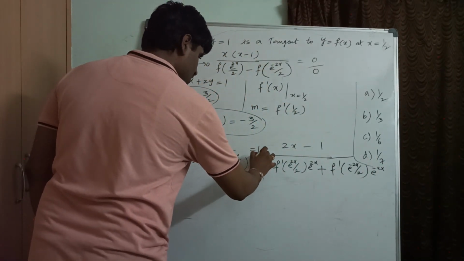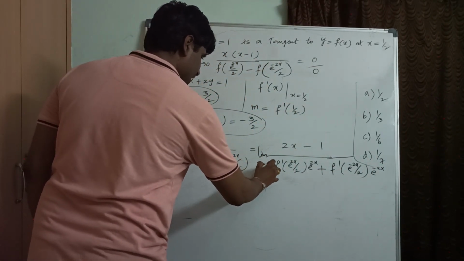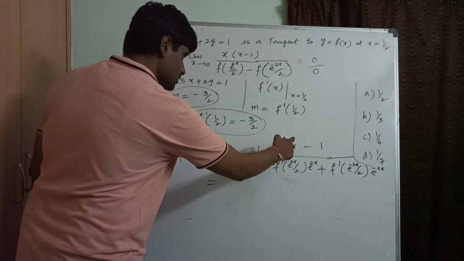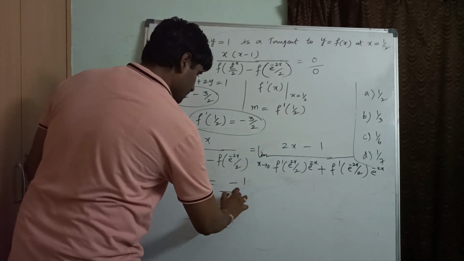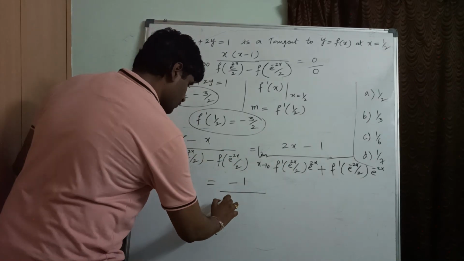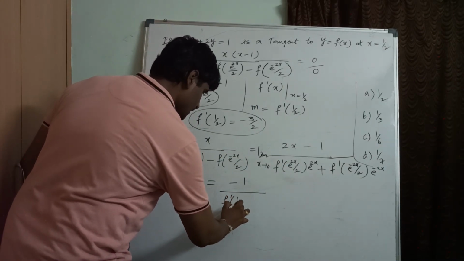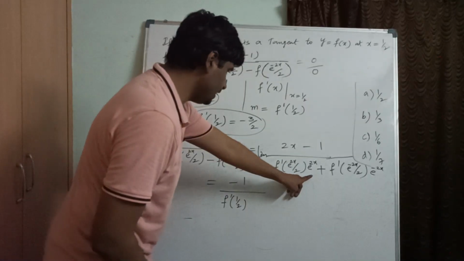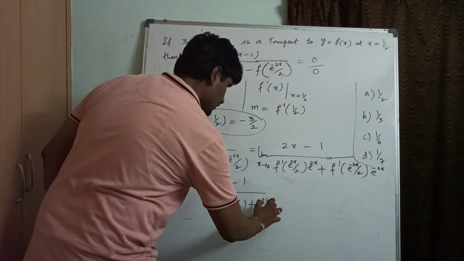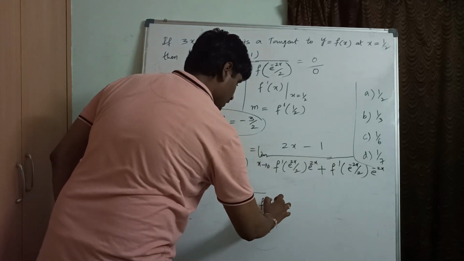Right. Now substitute the limit. Now 2 into 0 is 0, minus 1, divided by f dash of e^0, that is 1, by 2, that is f dash of 1 by 2, plus f dash of again e^0 = 1 by 2.